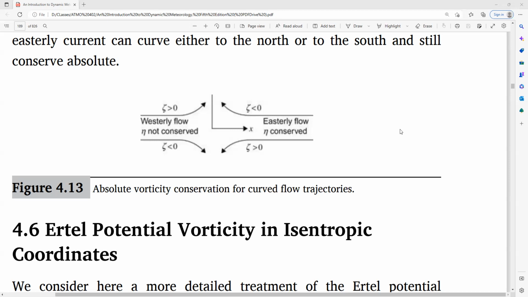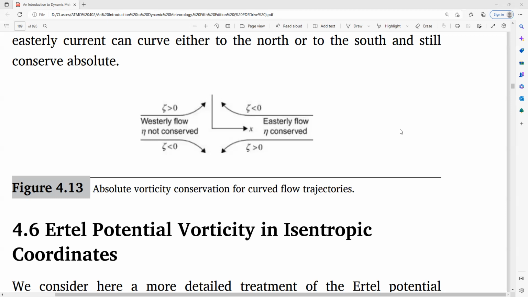Okay. And for the eastern flow, you can curve northward. When you curve northward, you get anti-cyclonic vorticity, and it can be compensated by the Earth's rotation, so it can be conserved. And if you move to the south, you get cyclonic vorticity and a decrease in planetary vorticity, so it can be conserved.